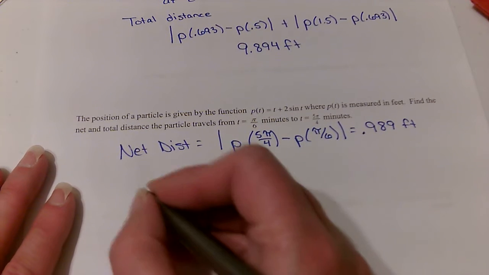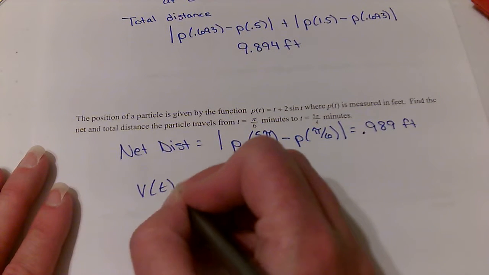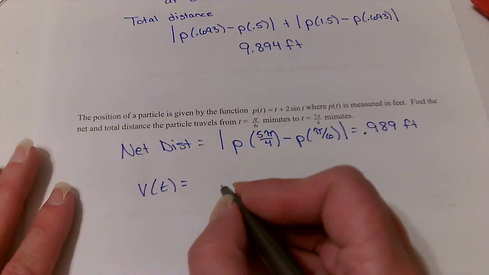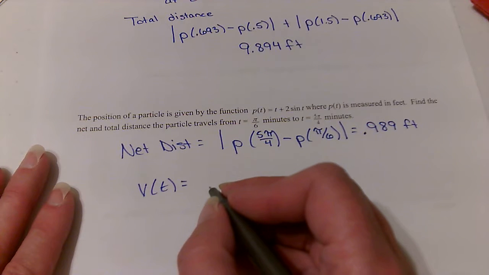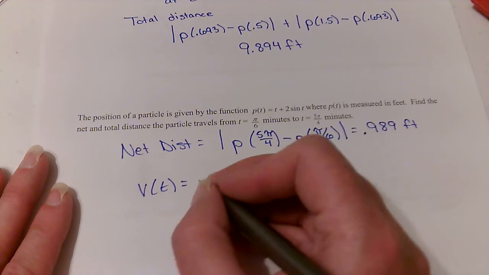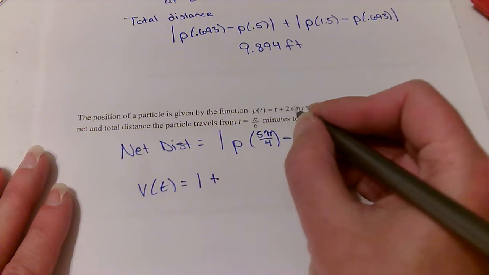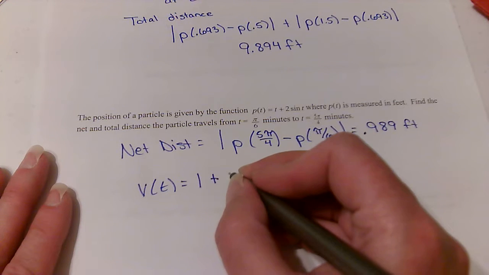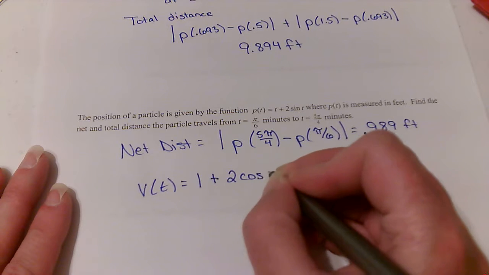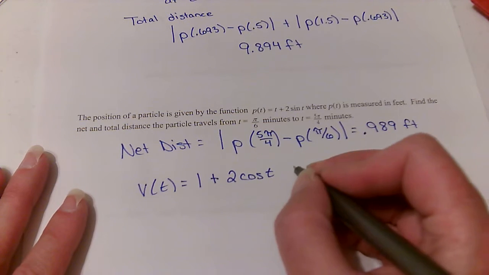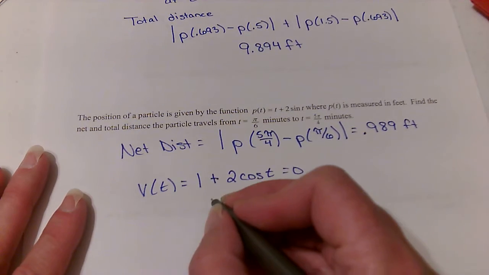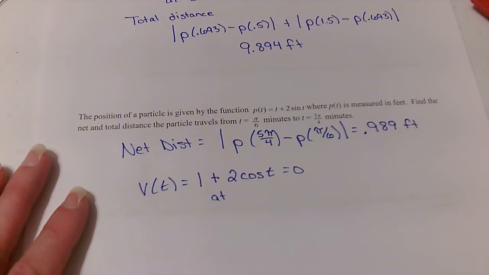Now total distance, I'm going to have to figure out if we have a change in direction. So it's always helpful to go ahead and write down your derivative. 1 plus derivative 2 sine would be 2 cosine. And I want to know when that's 0. Let's see.